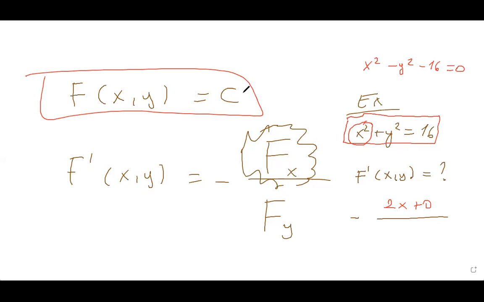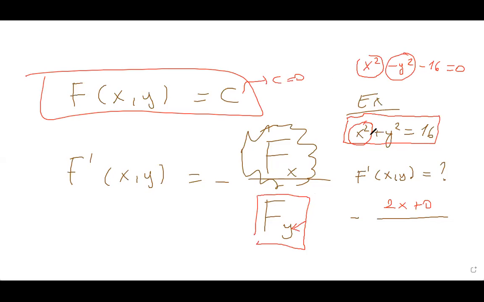Now, if c is 0, the derivative of x squared is 2x, the derivative of negative y squared is 0, and the derivative of negative 16 is 0. Now, the denominator, the derivative with respect to y. It means that whatever you have different than y is like a real number.